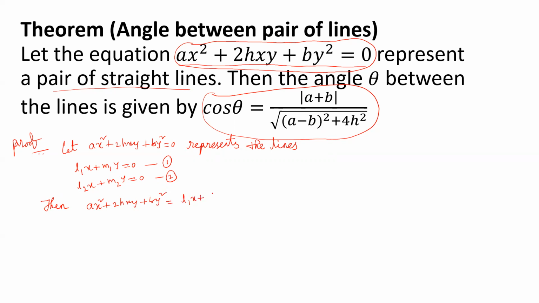Because ax square plus 2hxy plus by square equal to 0 represents two straight lines. That means combined equation of these two is the given pair of lines. L1x plus M1y into L2x plus M2y.